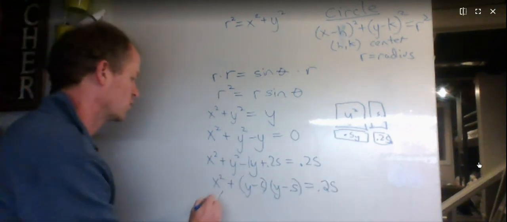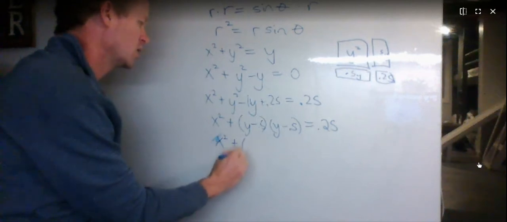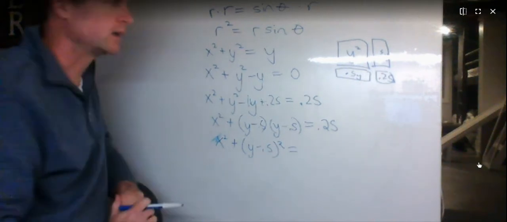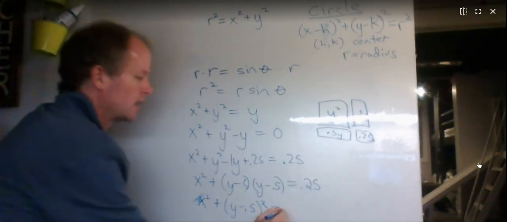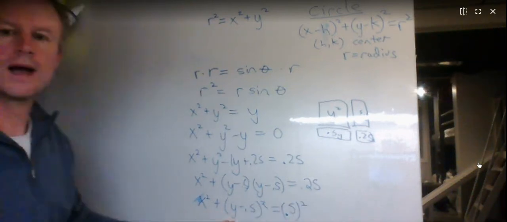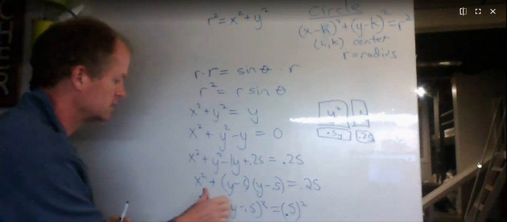So if I go one more step, this is going to leave me with x squared plus (y minus 0.5) squared equals, and if we really want to rewrite that other side in the circle form where we have the r squared, I want to think about, well, what when I square it gives me 0.25, and that's just going to be 0.5 squared. So now I can confirm, this is exactly what I got when I did polar coordinates.